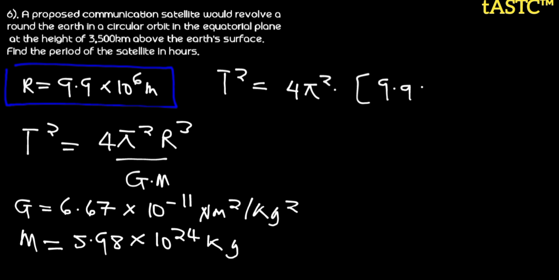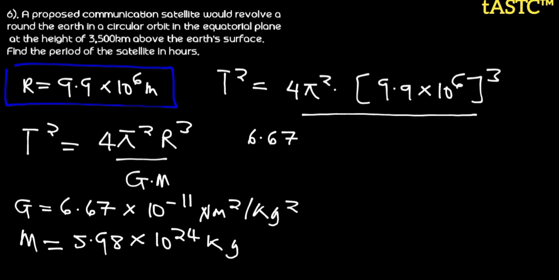Now r is 9.9 multiplied by 10 to the sixth, and that is to the power 3. Now we got to divide. So this is 6.67 multiplied by 10 to the negative 11, and we're going to multiply by 5.98 multiplied by 10 to the 24. So that is what you have there.